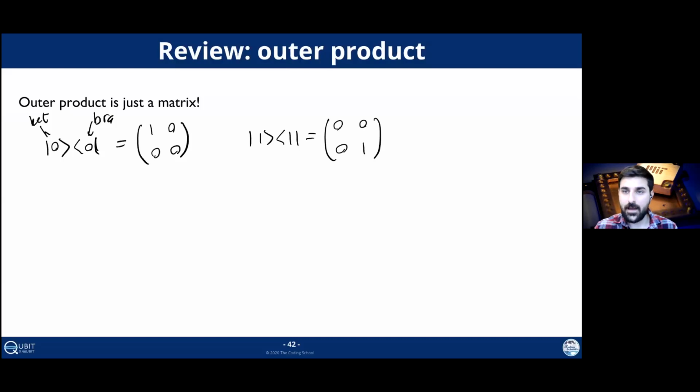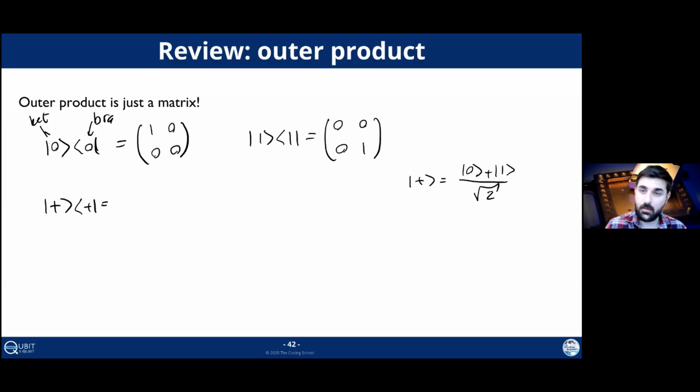Now, of course, I can have more complicated outer products. I'm not just limited to 0 and 1, right? I can have, let's say, the outer product of the plus state with itself. And of course, as a review, the plus state is just the equal superposition of (0 + 1)/√2. Now, the way that I like to approach this is that I'm just going to expand the superposition in terms of zeros and ones.